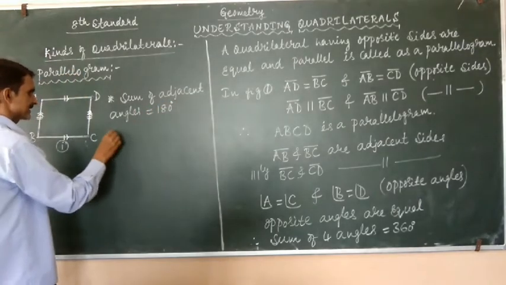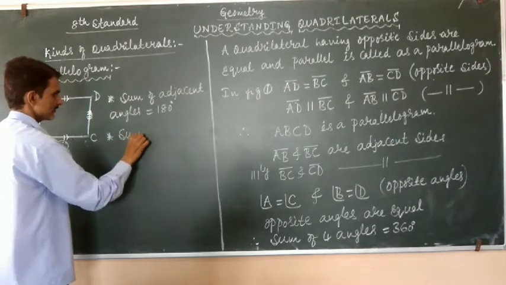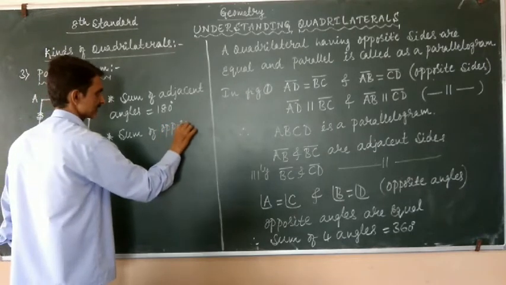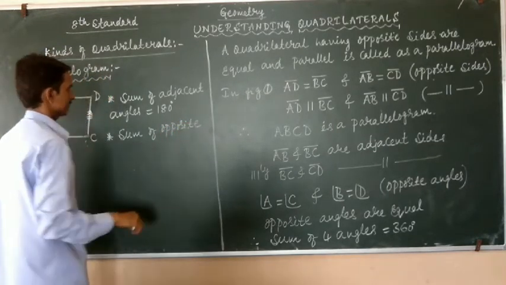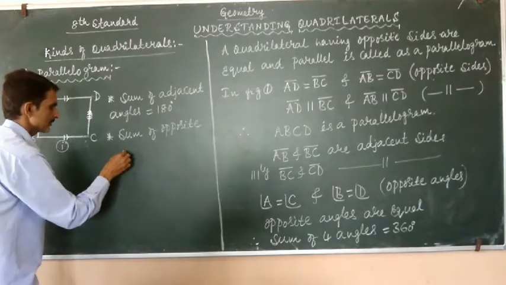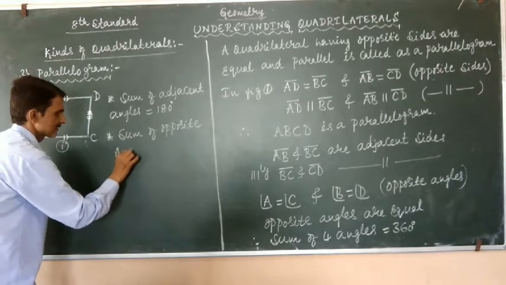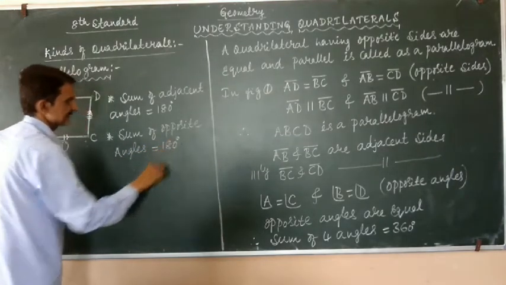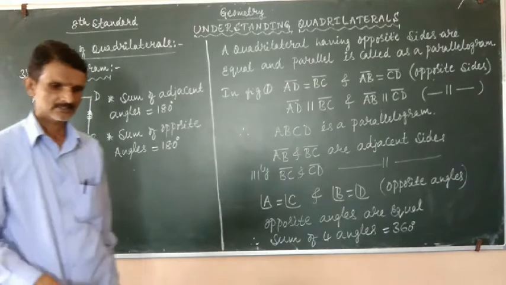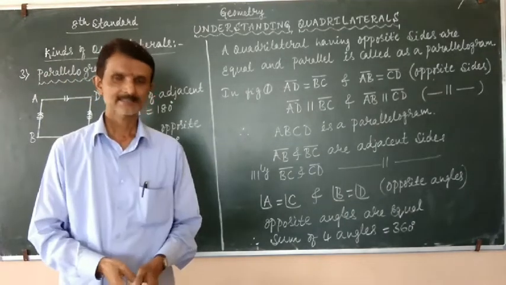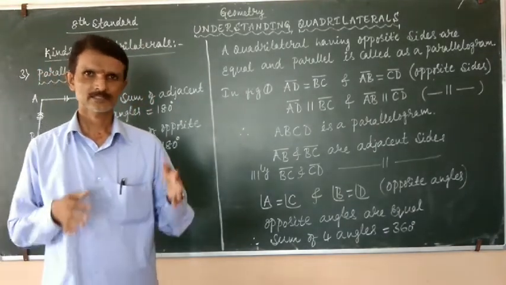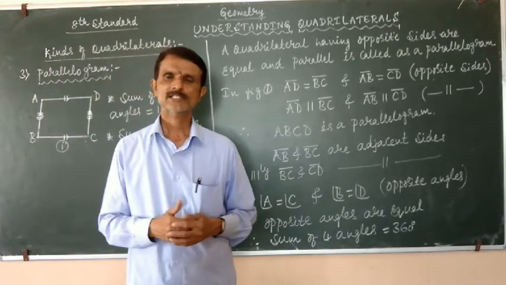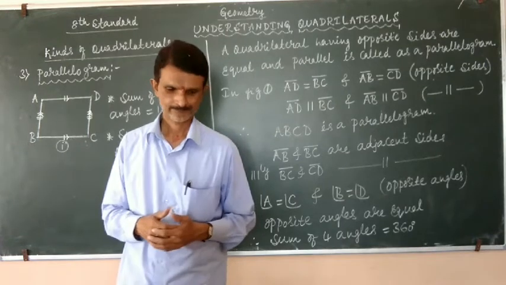Another property is the sum of opposite angles is equal to 180 degrees. This is the speciality of the parallelogram. I think students, you have heard about the definition of the parallelogram and the properties of the parallelogram.